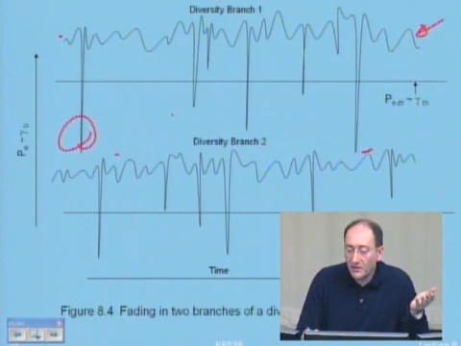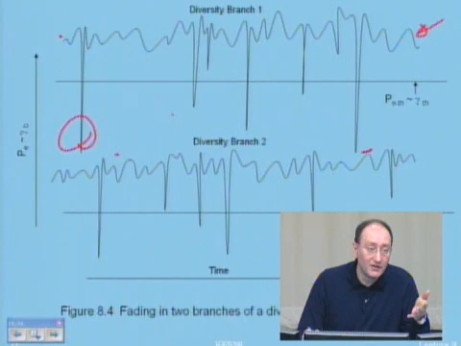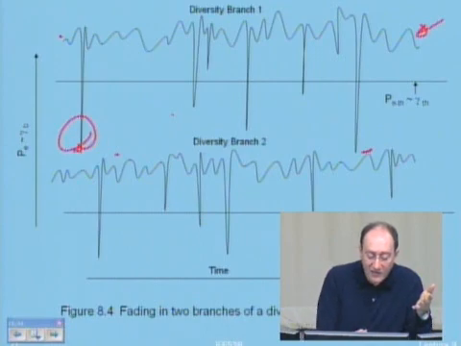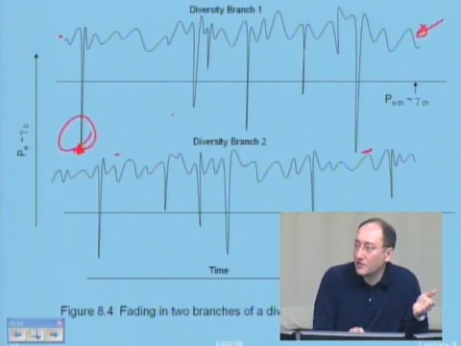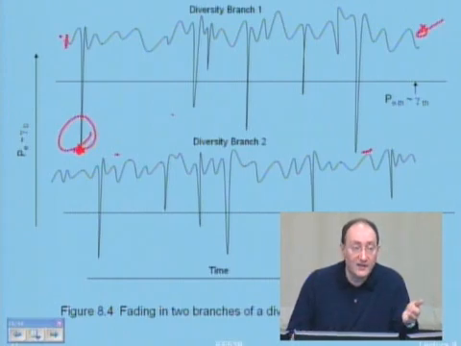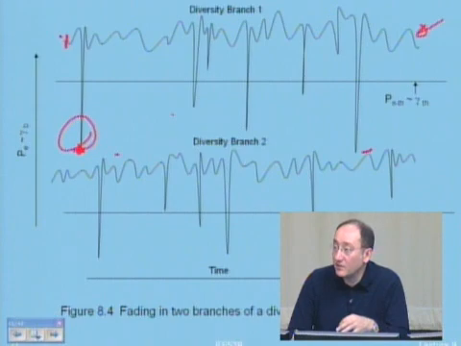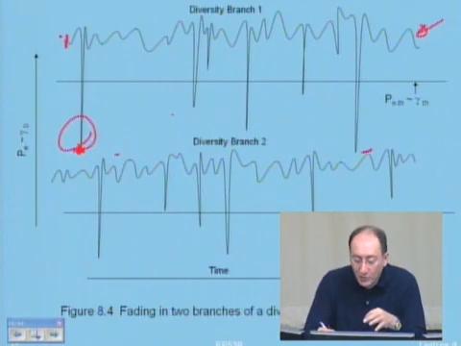So why not remedy that by creating two sources of independent random variables? This is a random variable which randomly hits this very low value of signal-to-noise ratio. What is it representing? This is my received signal. If my received signal is in one location and I'm looking at variation of the channel, it's a random variable. If I move a little bit, I have another random variable which doesn't go to fade like this.